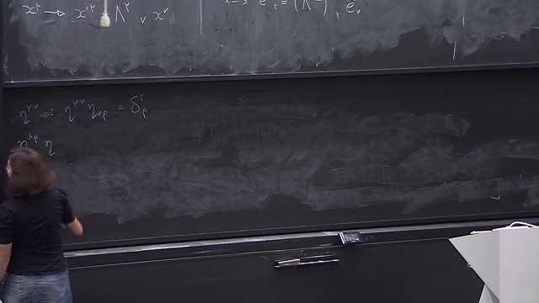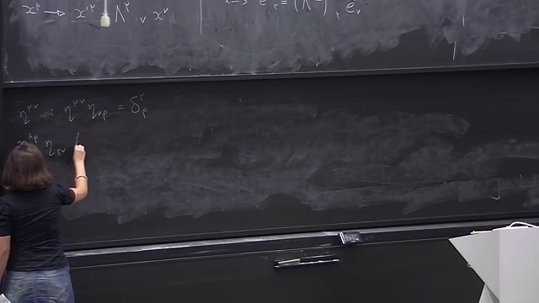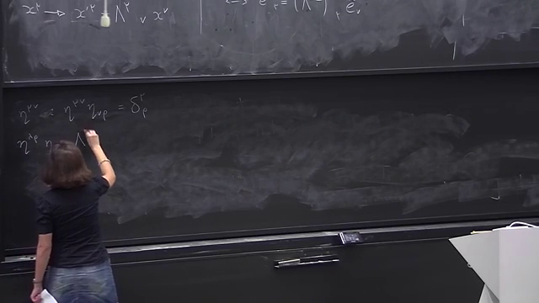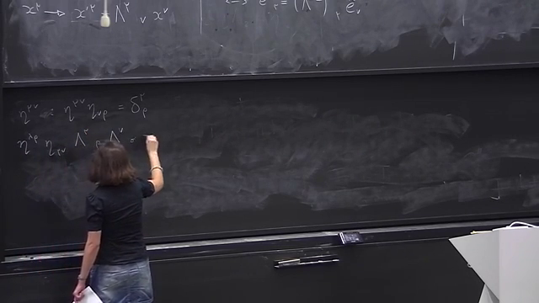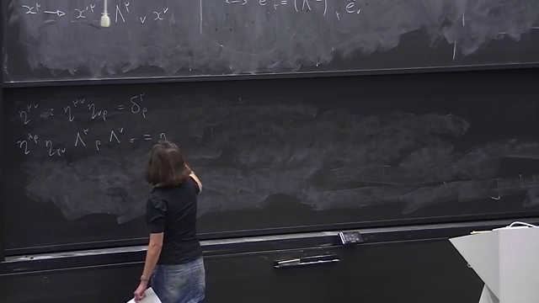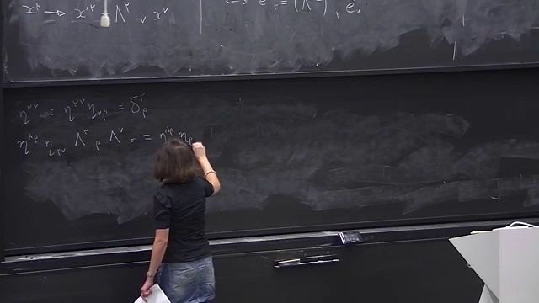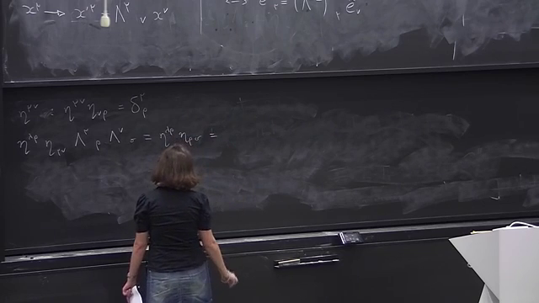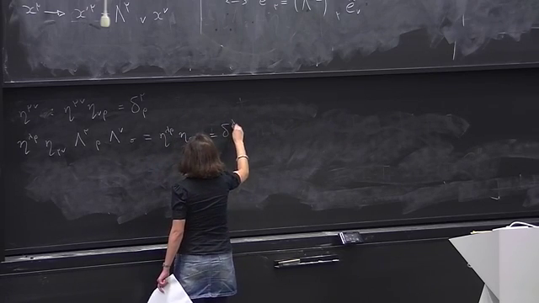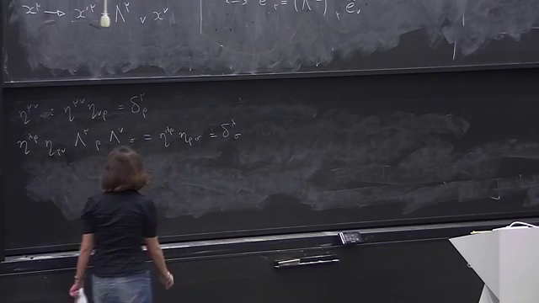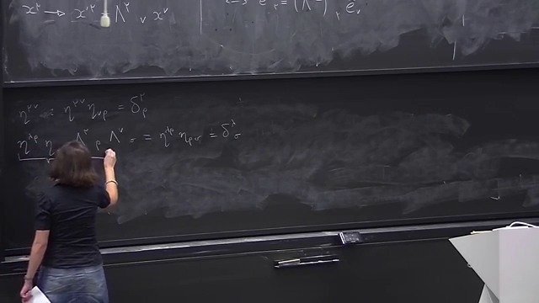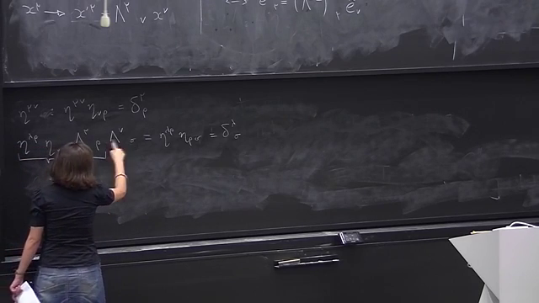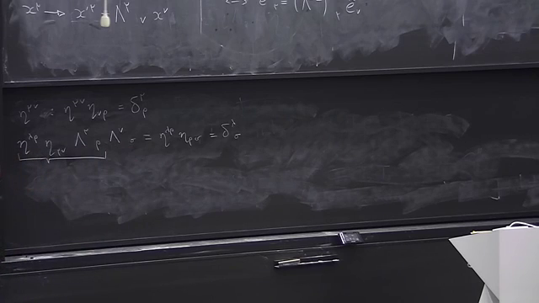So I will get eta lambda rho, eta mu nu, lambda mu rho, lambda mu sigma equals eta lambda rho, eta rho sigma, which is nothing but delta lambda sigma, which means that I can identify this bit as the inverse of this Lorentz matrix.